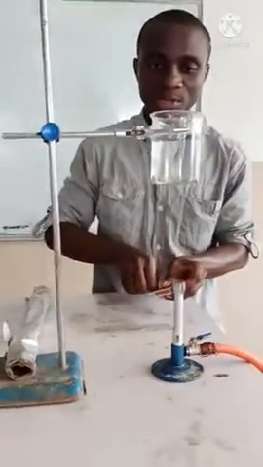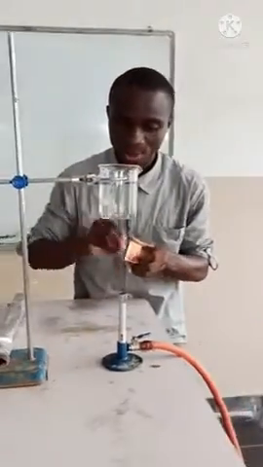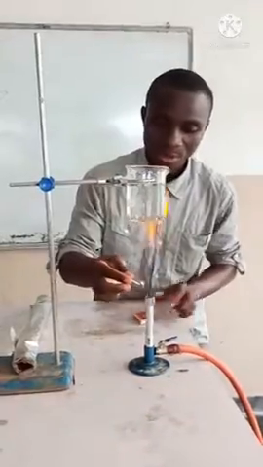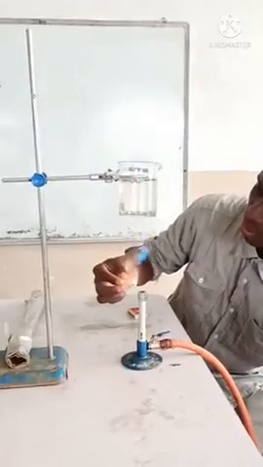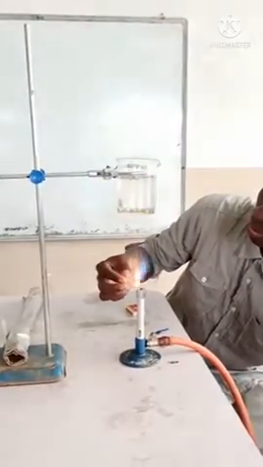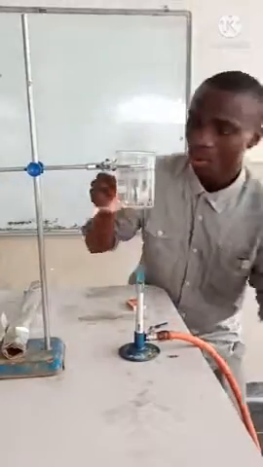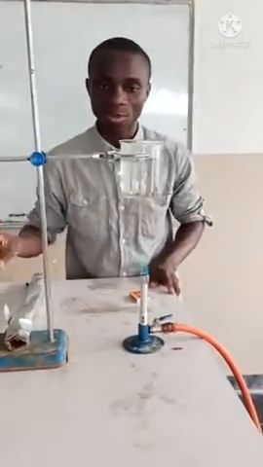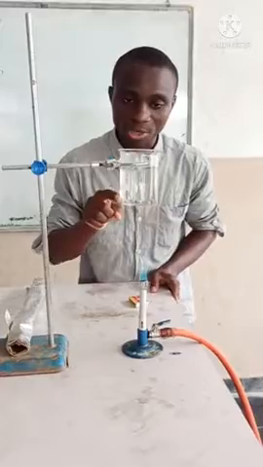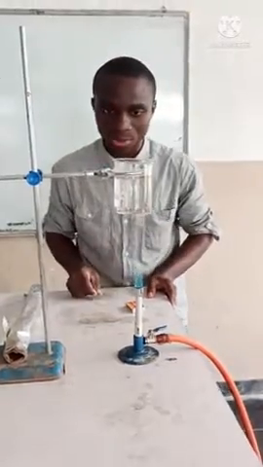So we're going to observe the molecules. One thing is that the balls are not actually the molecules, but the balls help us to trace the path of the molecules.